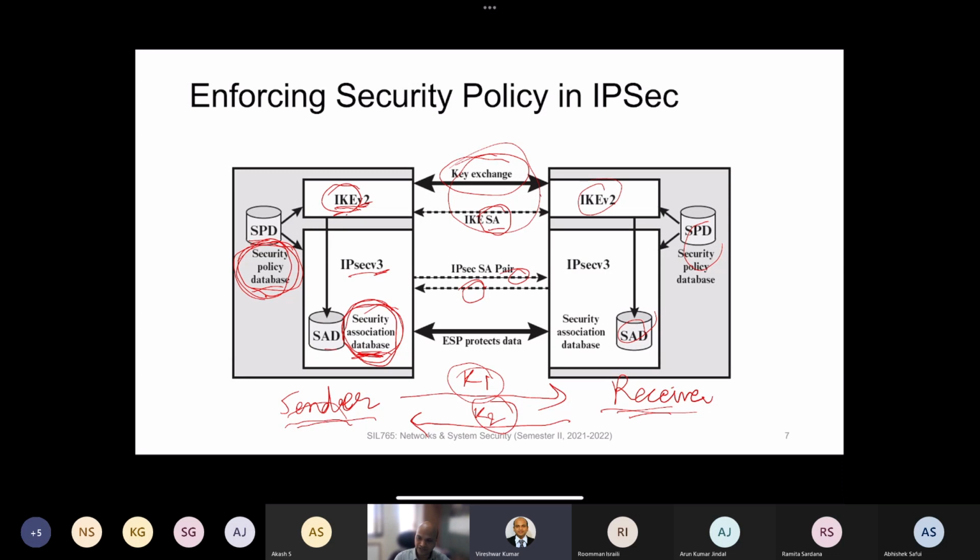All that information is part of the security association database, which holds the things related to that security association. So these are the two different roles played by the security policy database and the security association database. If you have questions, just hold on to them, because I will cover these two things again in a minute.